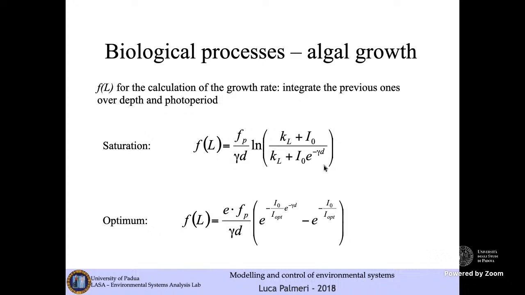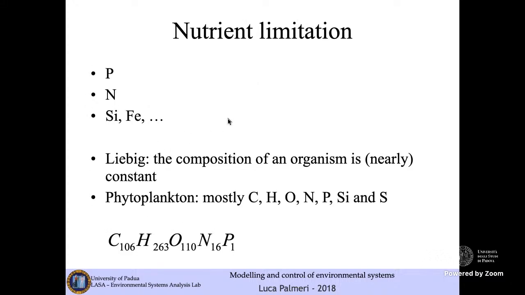The saturation model is the first one, in which there is a function depending on the photoperiod, Fp, and a dependence on the depth at which the process is being observed, and a parameter gamma that depends on the light attenuation or light absorption due to the Lambert-Beer model. Okay, so these are the general models you shall employ for light limitation.